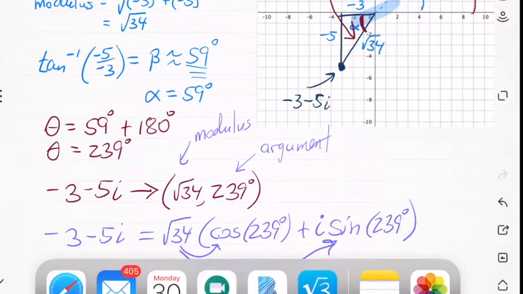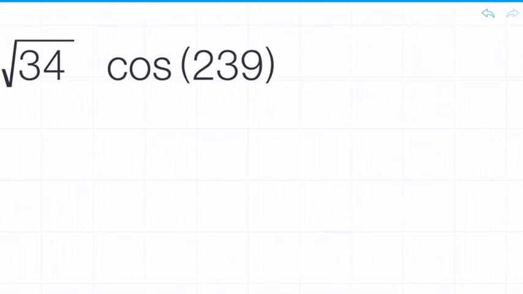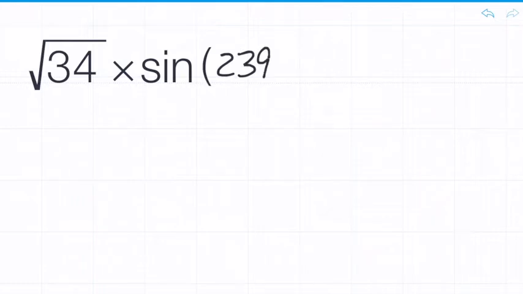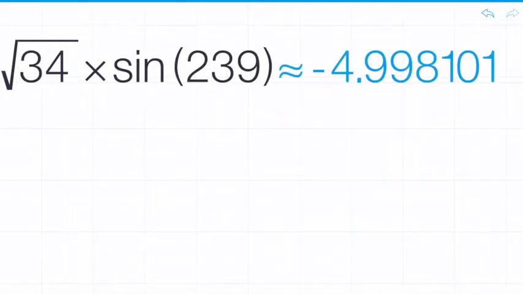So let me show you what I mean by that. When we type this in our calculator, it gets us really close to negative 3. It's not exact. And that's because the 239 degrees that we calculated here was rounded from the reference angle of 59 degrees from the calculator. For the imaginary part, we'd get really, really close to negative 5, but it's not exact. And the same reason applies, because we're using a rounded value.